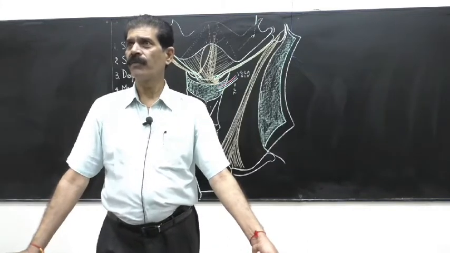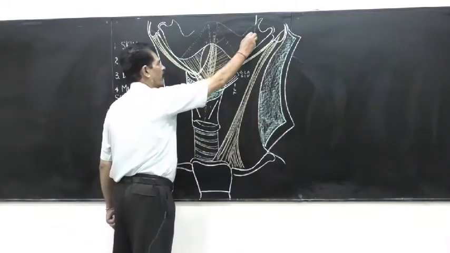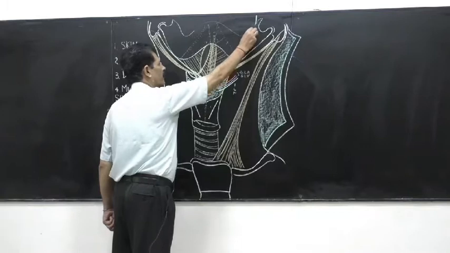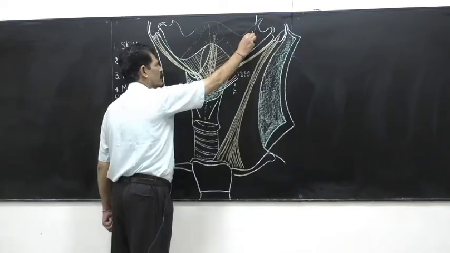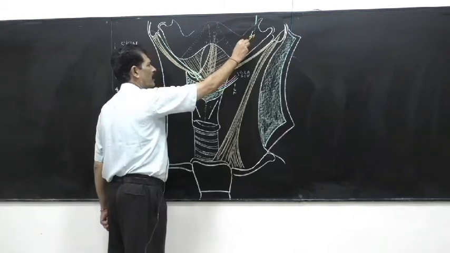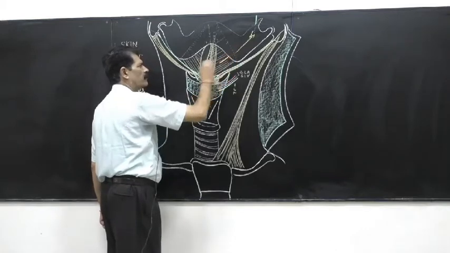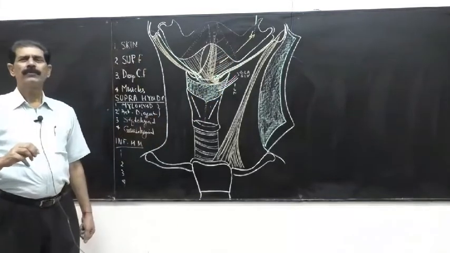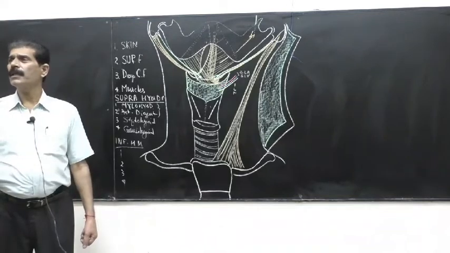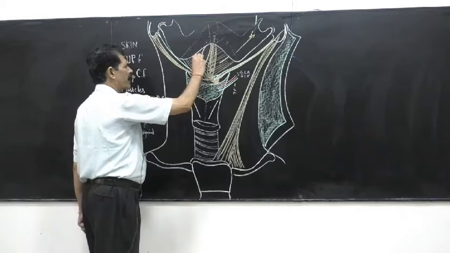Otherwise you will be confused. This mylohyoid groove is there because the inferior alveolar nerve goes through the canal inside the mandibular foramen, and before going inside, it gives a branch called the nerve to mylohyoid, which runs into the groove and comes out here. So it lies on the superficial surface of the mylohyoid and supplies it on both sides.